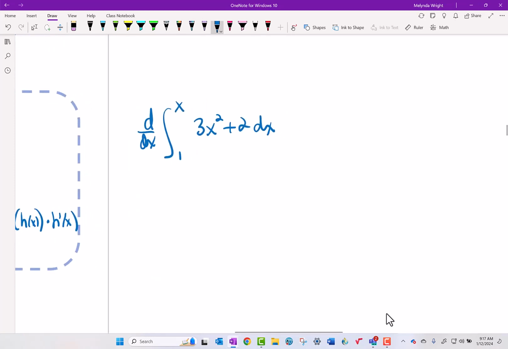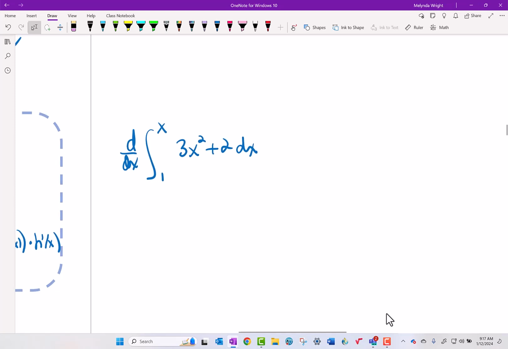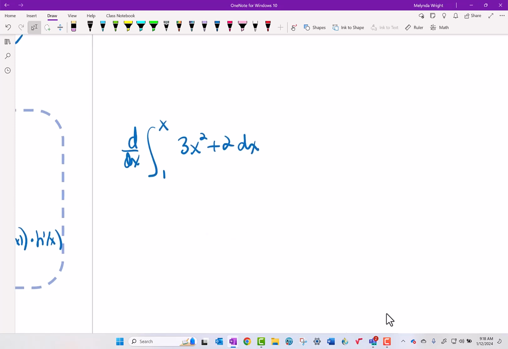Okay? So what we're going to do is I'm going to show you why this formula works so that hopefully you're comfortable with it and it's not upsetting. All right, so what I'm going to do is I'm going to do this part first. I'm going to do the integral, and then I'm going to do the derivative of my result. Okay, we're going to go through the whole thing.